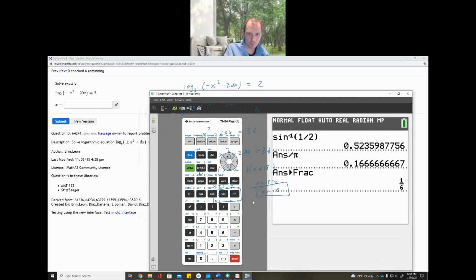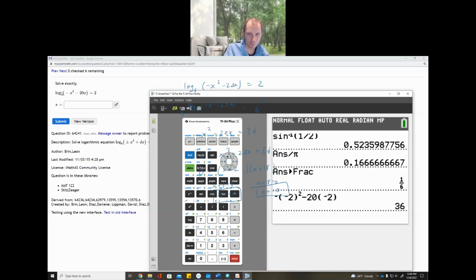I get the opposite of negative 2 squared minus 20 times negative 2, and I get 36. So I'm taking the log base 6 of 36. Maybe I don't know what log base 6 of 36 is, but I can plug that in and that makes sense.